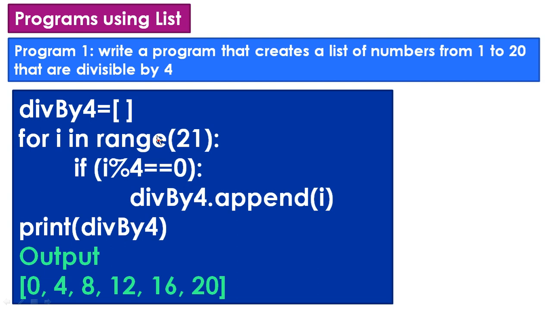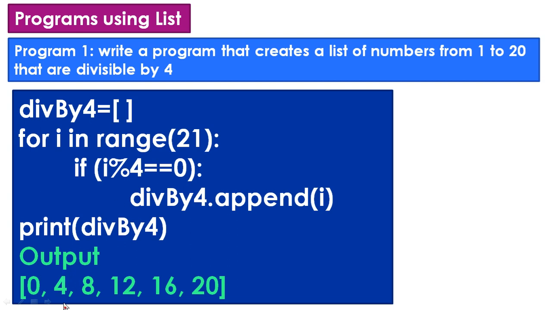The second value is 1. 1 divided by 4, the remainder is not 0, the remainder is 1. So this statement is not executed, because this condition is false for i value equal to 1. For i value 4, similarly, it is divided by 4 and we get the remainder 0, so this value is appended to the div by 4 list.